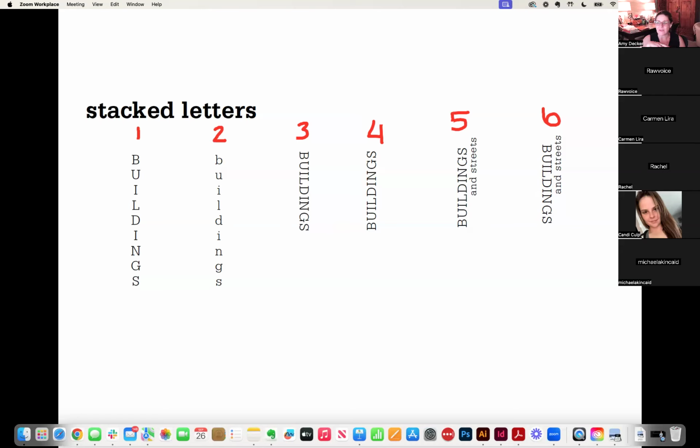So 2 is an absolute no. I don't think anyone thought 2 was okay. Good job, class. Everyone knows that 2 is wrong. This one, number 1, is okay if it's a theater. Let's move on to 3, 4, 5, and 6.